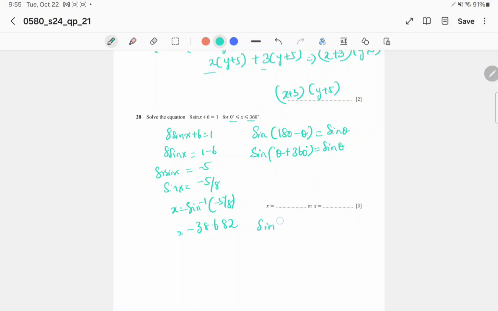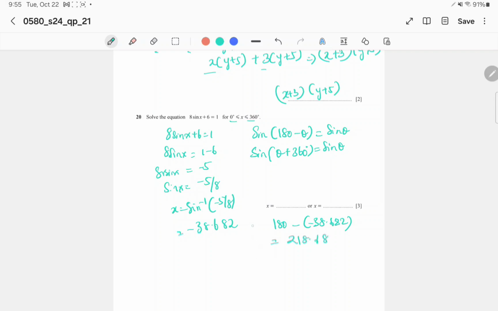Sorry, I am only taking the values for the graph. So it is 180 minus of minus 38.682, which is 218.68.